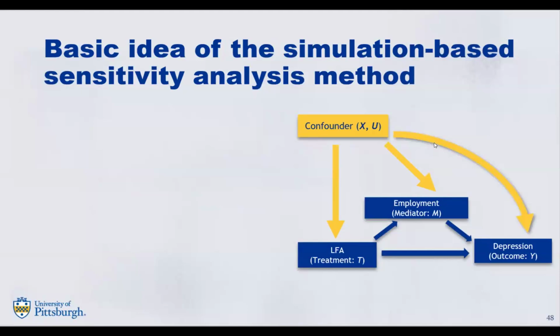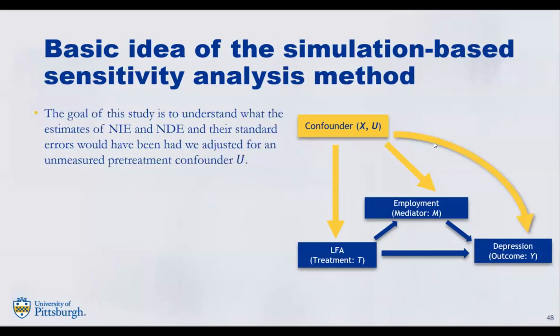So now, with the focus on pre-treatment confounding, let's take a look at the basic idea of the simulation-based sensitivity analysis method. The goal of this study is to understand what the estimates of NIE and NDE, the natural indirect and direct effects, and their standard errors would have been had we adjusted for an unmeasured pre-treatment confounder.